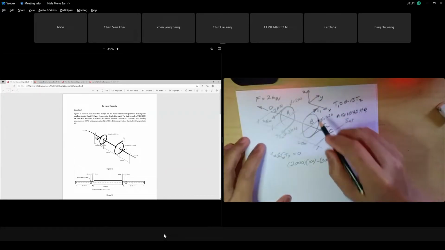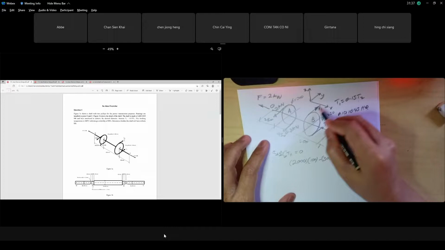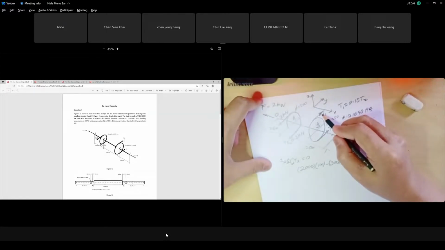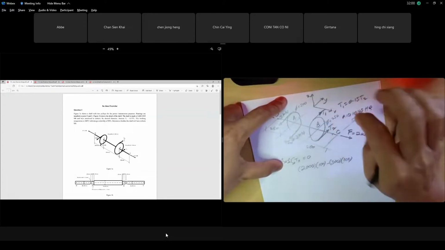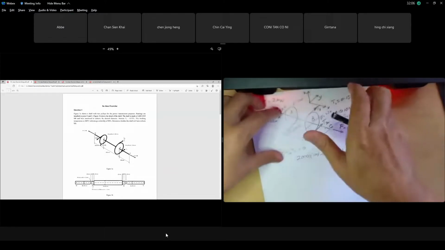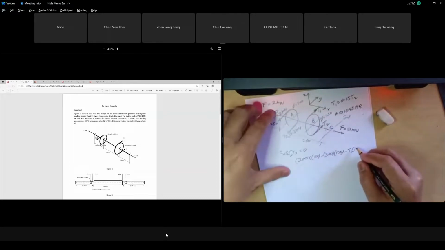Now T1 times the radius 125, because the diameter is 250. Does T1 produce negative or positive torque? Negative. So minus T1 times 125, where 125 is the radius.